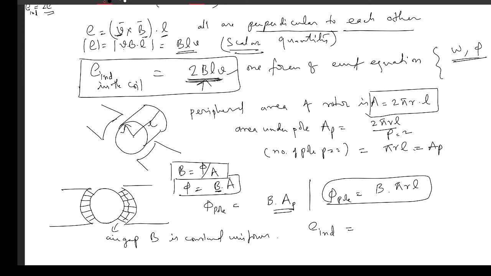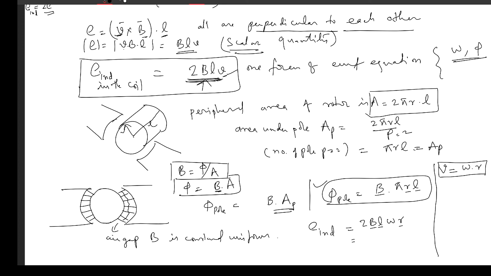one more thing I need to write: the peripheral velocity is given by omega into r. So I replace V by omega into r, giving 2BL omega r. Then I substitute B r L from the flux equation.